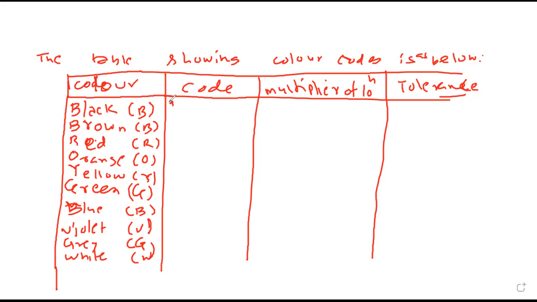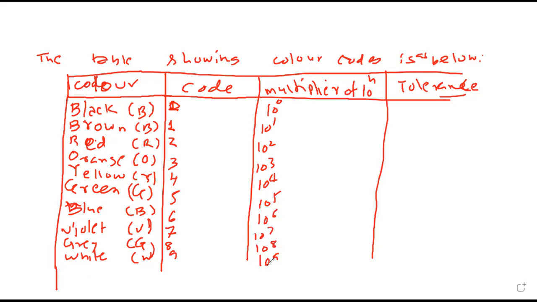This is code 0. This one is 1, 2, 3, 4, 5, 6, 7, 8, 9. Multiplier: 10 raised to 0, 10 raised to 1, 10 raised to 2, 10 raised to 3, 4, 5, 6, 7, 8, 9.